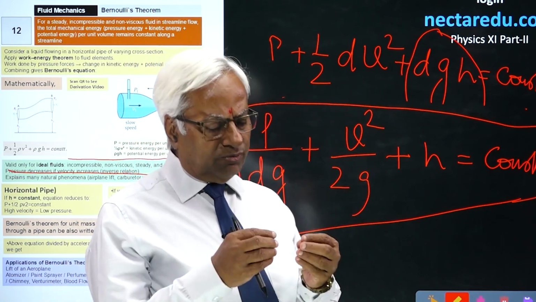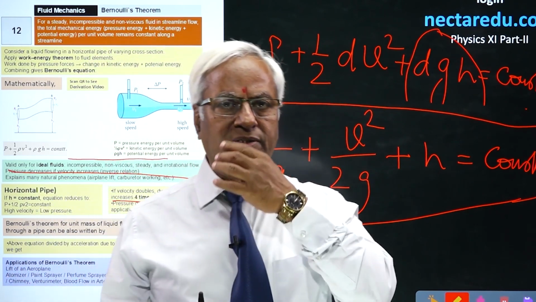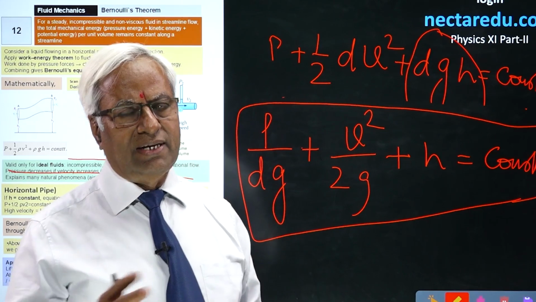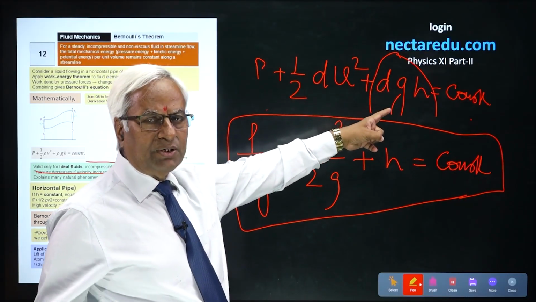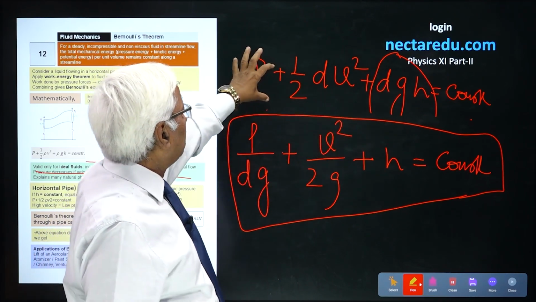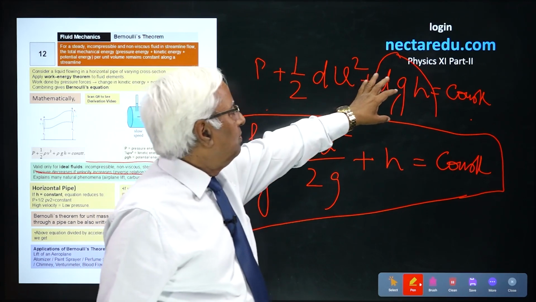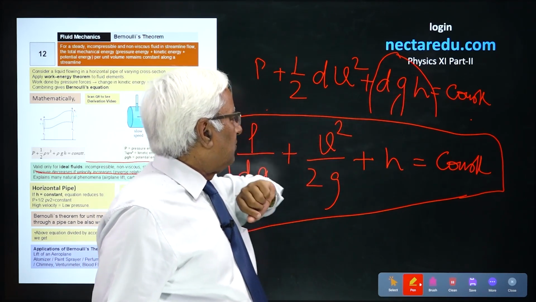As far as Bernoulli's theorem is concerned, this is another form of conservation of energy. We talk in terms of energy because these terms represent energy per unit volume: this is pressure energy per unit volume, kinetic energy per unit volume, and this is potential energy per unit volume.